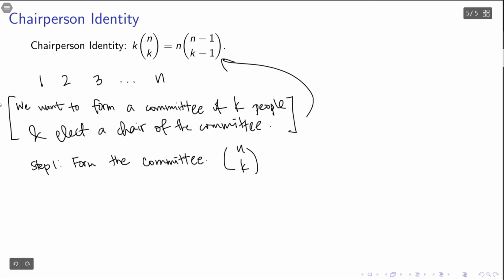You're just forming a team of k out of n. Okay, well, now that you have your committee, now you pick a chair among these k people. How many ways are there to do so? Well, you already have k people in the committee, and you have to pick one of them. So it's k choose 1 or simply k.